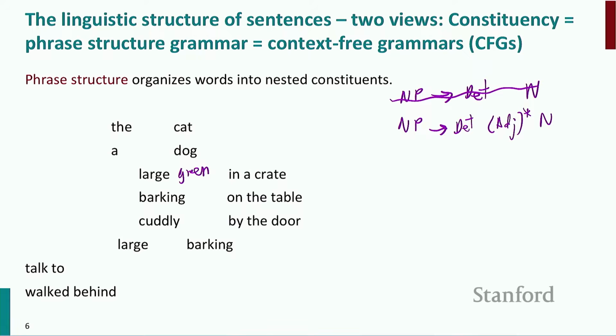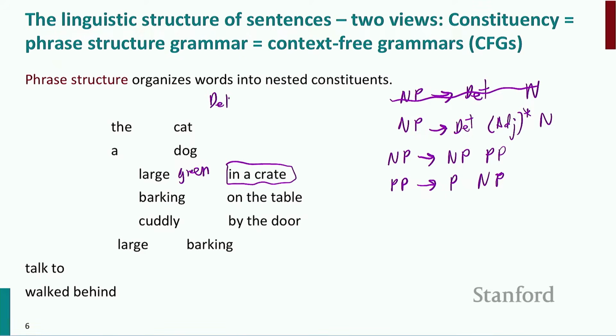But then you can stick things after the noun, so you can put these prepositional phrases like in a crate. So we might also want to say that a noun phrase can be rewritten as a noun phrase followed by a prepositional phrase, where a prepositional phrase can be represented by a preposition followed by a noun phrase. And somewhere we're also going to want to represent our parts of speech membership.